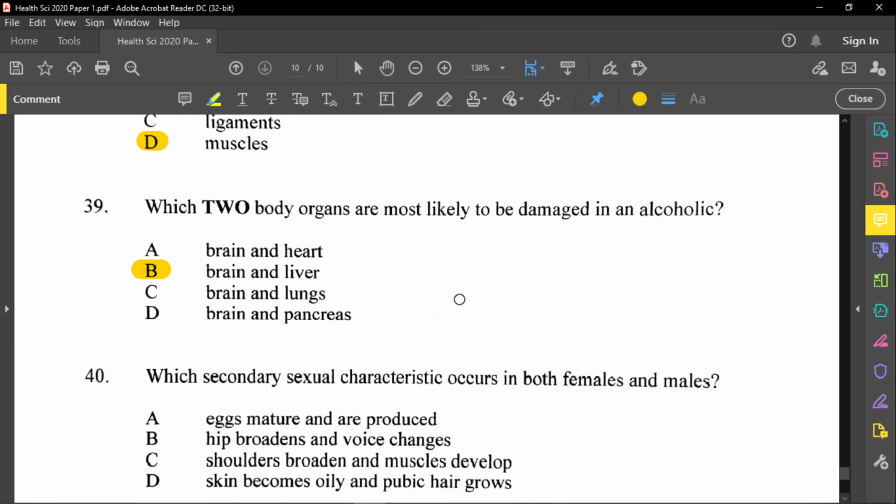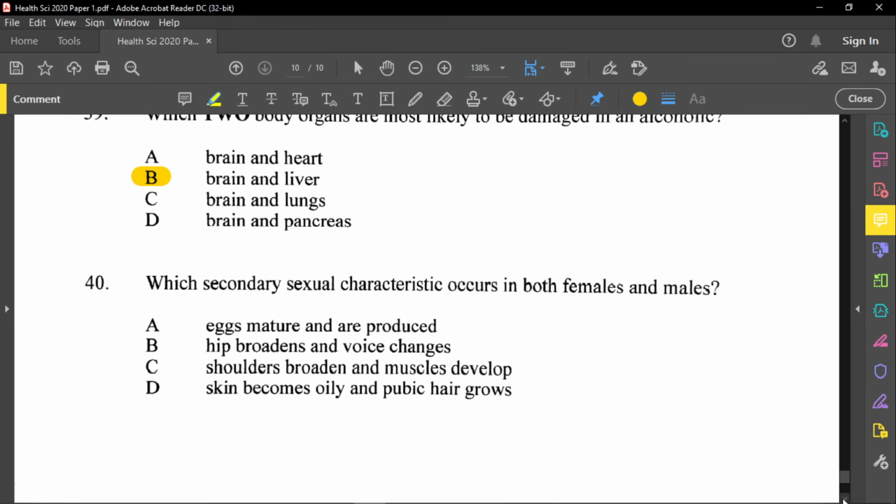All right, number 40, which is the last question. It says, which secondary sexual characteristic occurs in both females and males? Eggs are only in females. Broadening of hips is for females. A deeper voice is for males. Broader shoulders are for males.